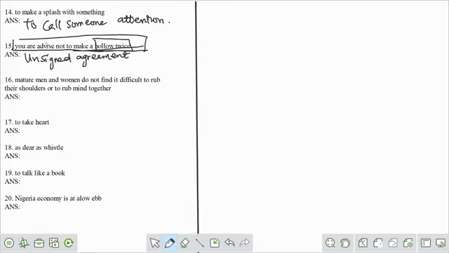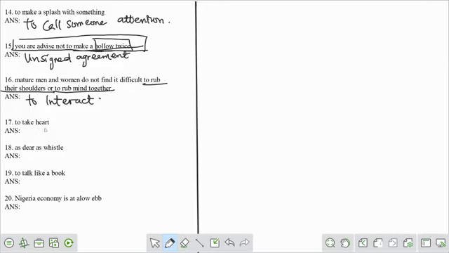Let's go to the next one. Mature men and women do not find it difficult to rub their shoulders together. To rub their shoulders together, or to rub minds together. So that one is actually to interact. So to rub their shoulders means to what? To interact.